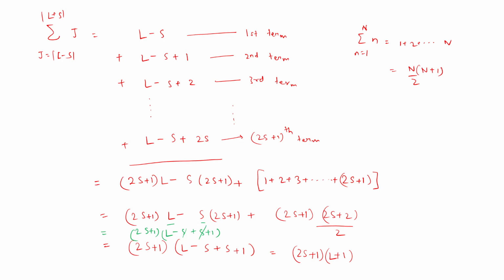So it is starting from 0 actually. So here this sum would be, it is actually the sum over 1 plus 2 up to 2s, not 2s plus 1. So this sum would be a bit different. So this would be 2s times 2s plus 1 by 2.